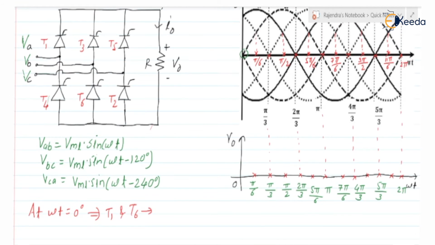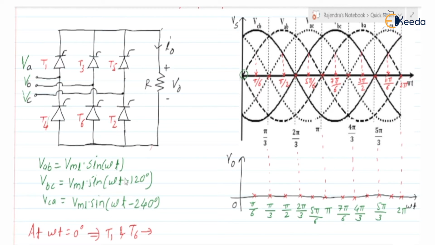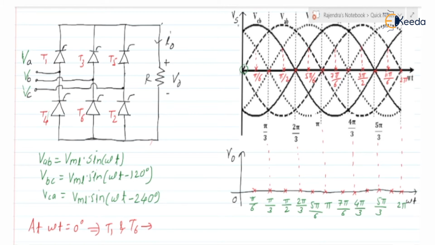So as soon as at 0 degree, T1 and T6 turn on, and therefore V0 will be equal to VAB, because current will be flowing from VA through T1, the load, T6 and back to VB. So V0 is equal to VAB.